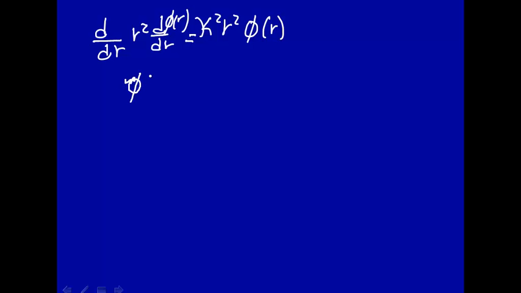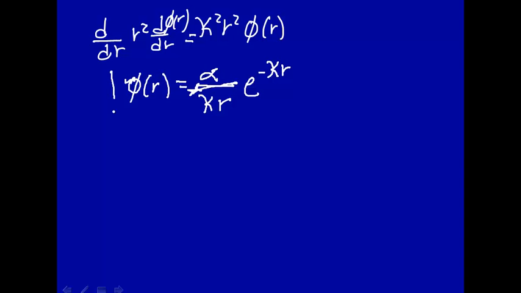This solution, where r is again the radial distance from the center of the sphere, is equal to some integration constant, let's call that alpha, we'll determine alpha in just a minute, divided by kappa r, times e to the minus kappa r.